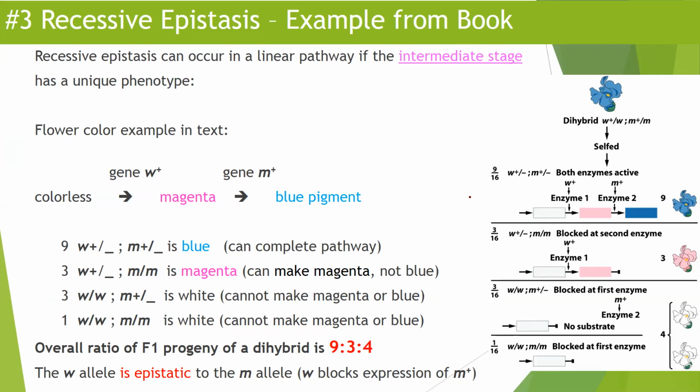However, if there is an interaction or relationship between these two genes, we're going to see some variant from the classical ratio of 9:3:3:1.